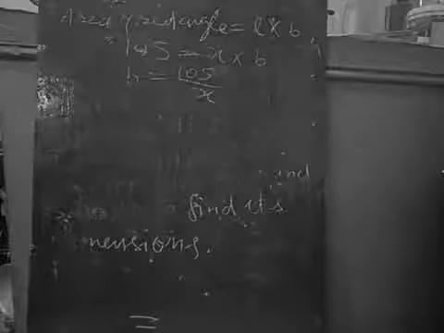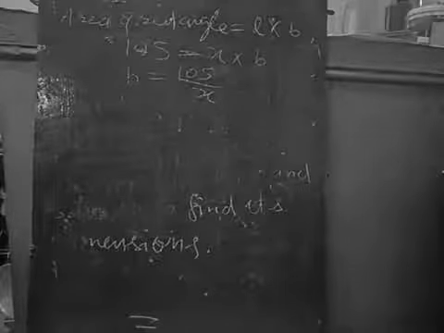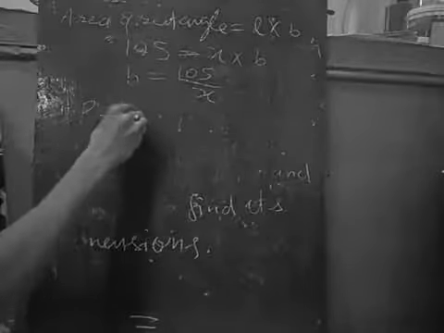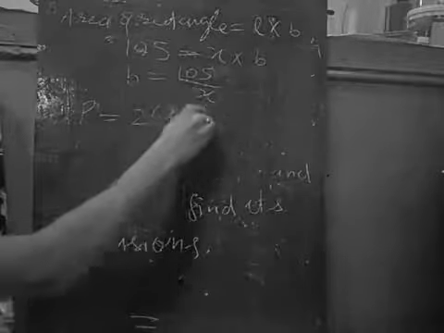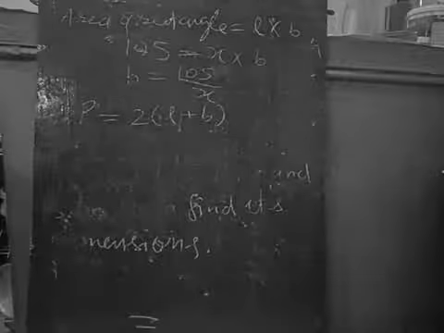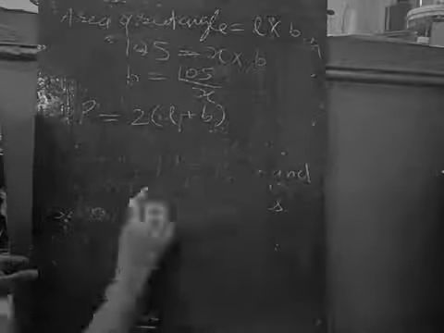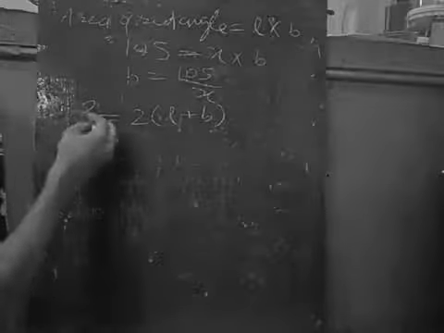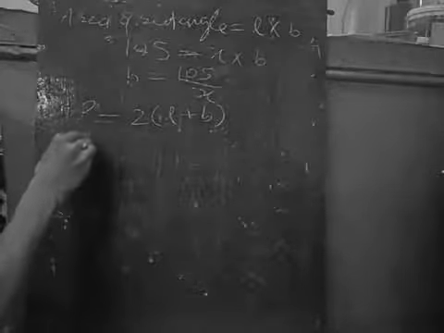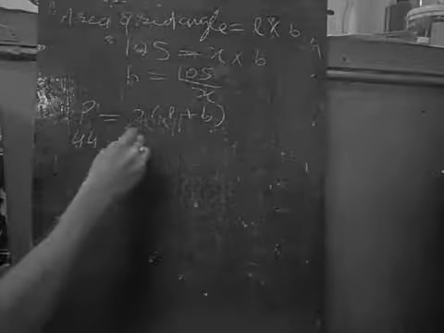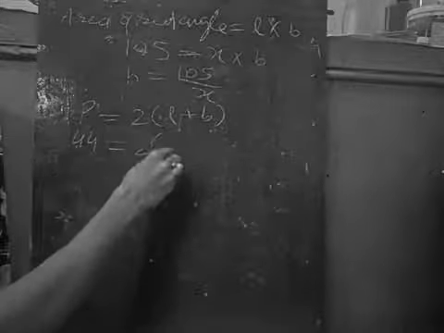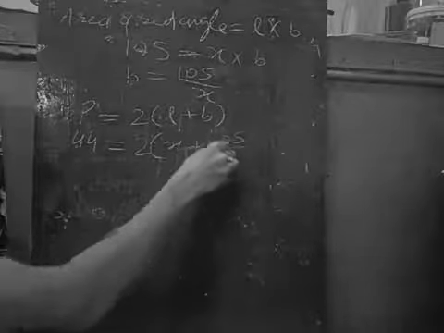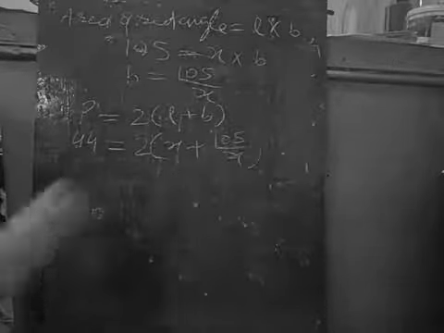Now it is given that its perimeter is 44 cm. The perimeter of a rectangle is twice of length plus breadth. Then the perimeter 44 is equal to twice of length, that is x, plus breadth, that is 105 upon x.